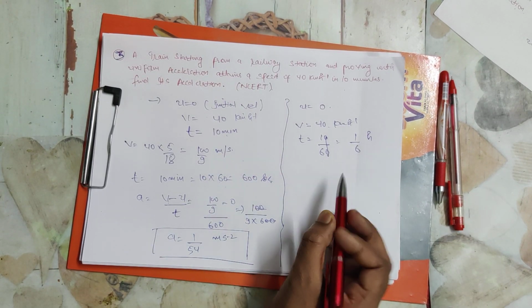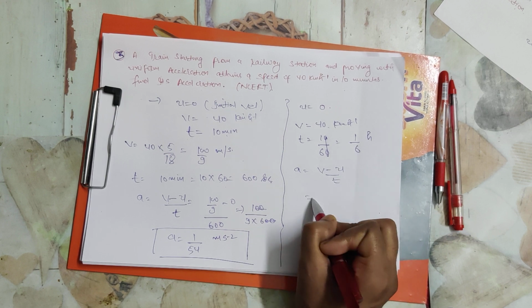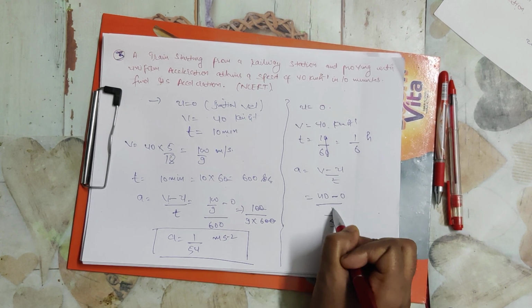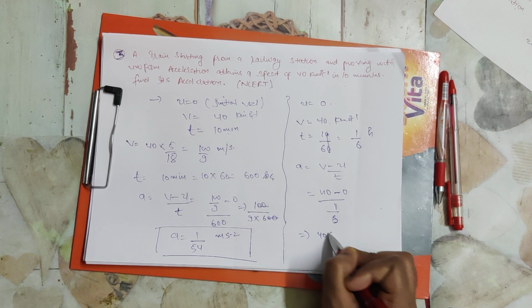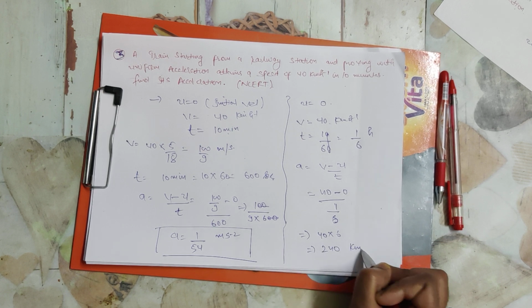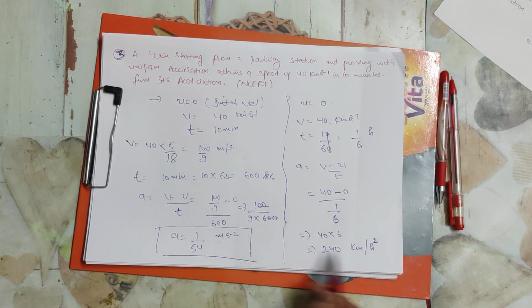So acceleration is the same, (v - u)/t, that is 40 minus 0 divided by 1 by 6, and this 6 would go up like this, and 40 into 6 would be 240 kilometer per hour square. Just as meter per second square is used, this is kilometer per hour square.